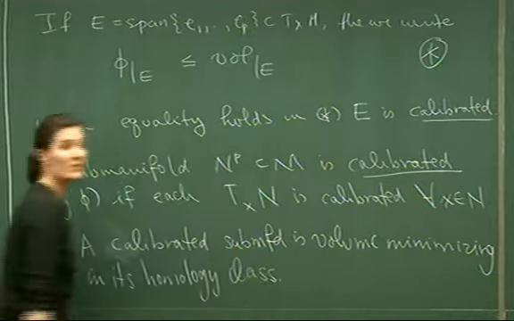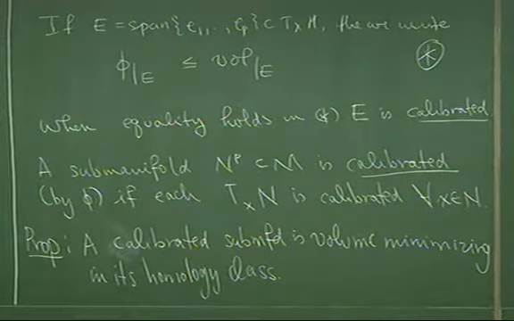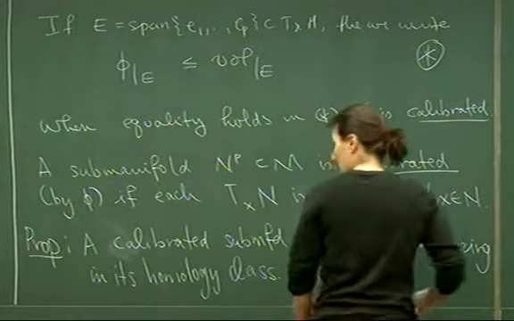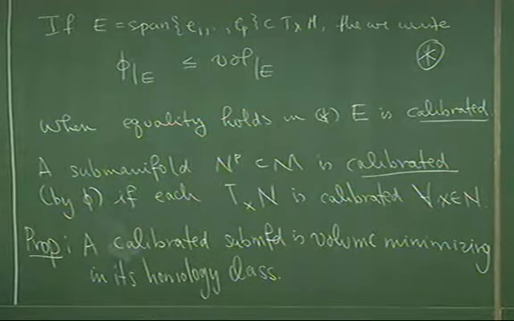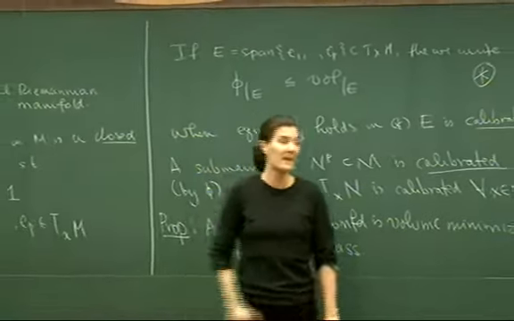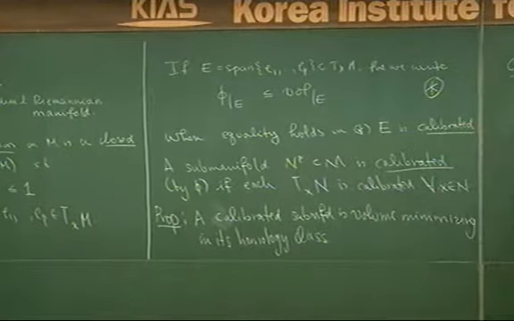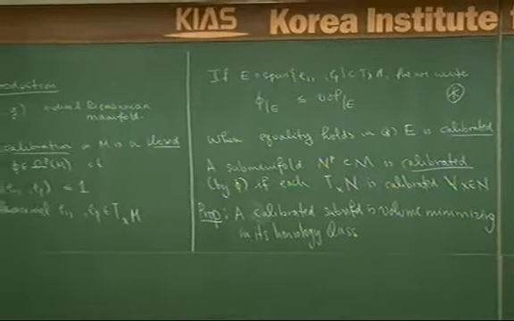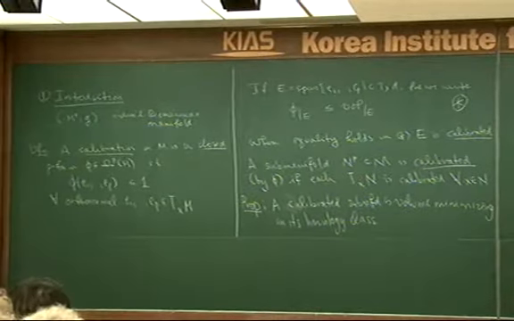Okay. So not just a minimal manifold, but actually globally volume minimizing in its homology class. And the proof is a straightforward application of Stokes' theorem, using the fact that phi is closed. So let me give you a proof of that. It won't take any time.